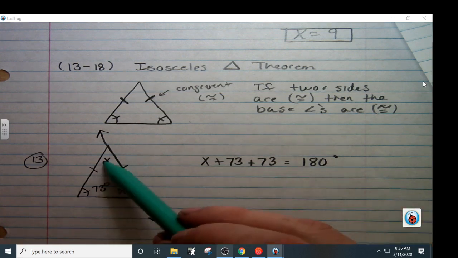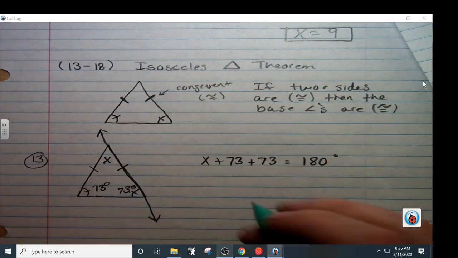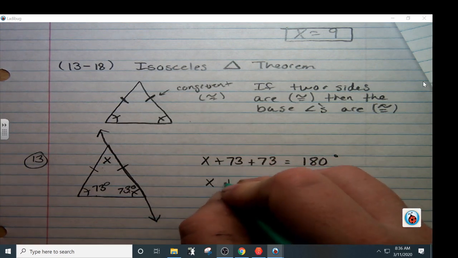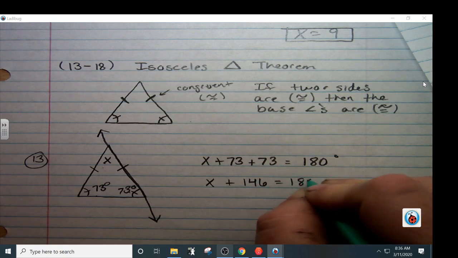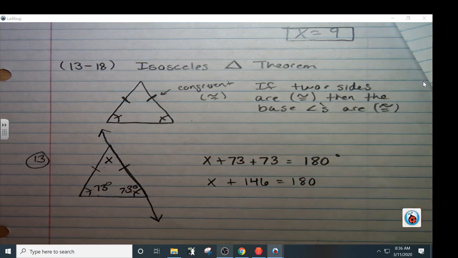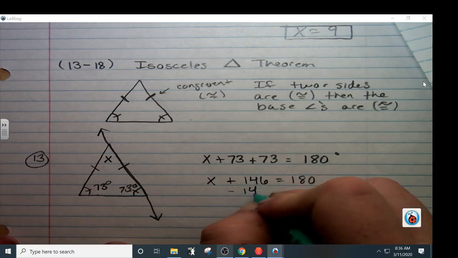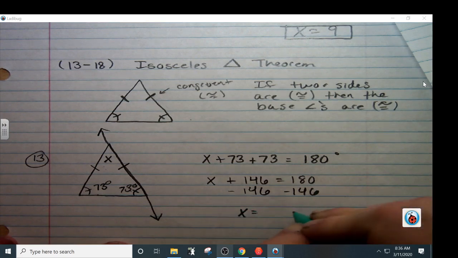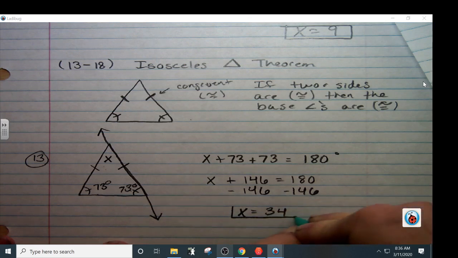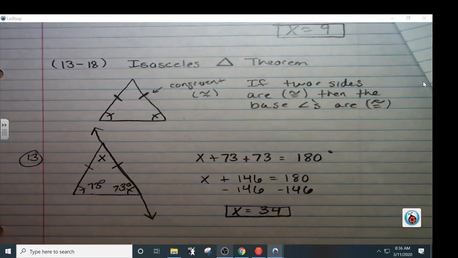So it'd be x plus 73 plus 73. If I add these together, that's 146. Then I'm going to subtract 146. X is equal to 34.